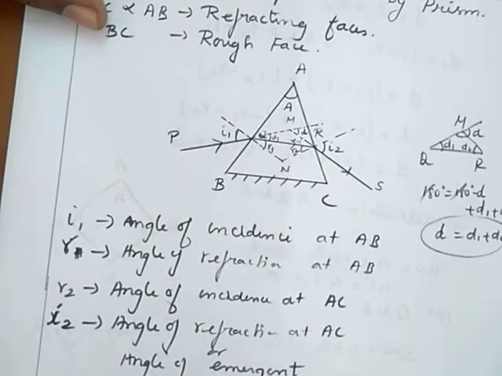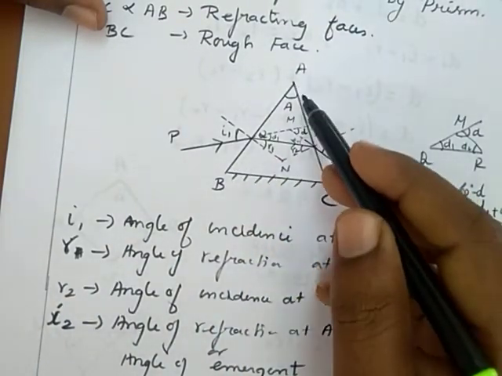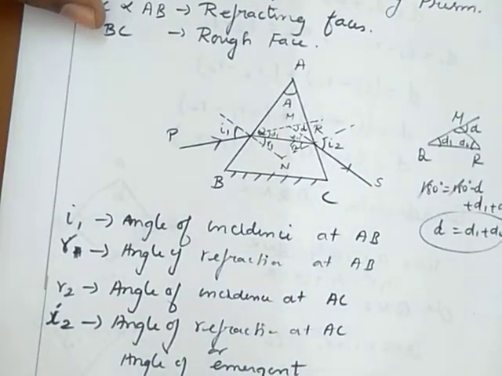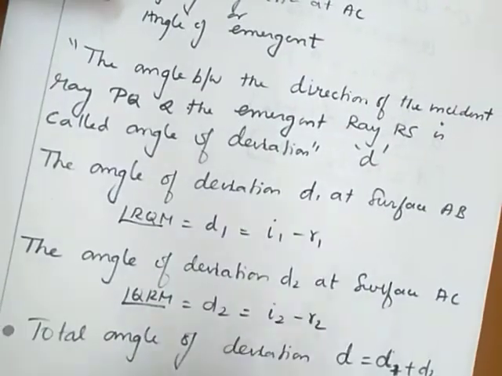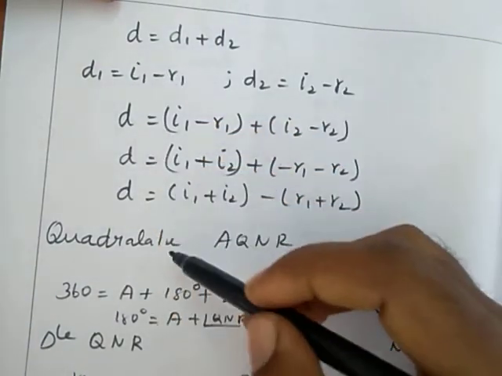We can find d1 at the surface AB and d2 at the surface AC. d1 is equal to I1 minus R1 and d2 is equal to I2 minus R2. Substituting in that expression, we get the final value of d.